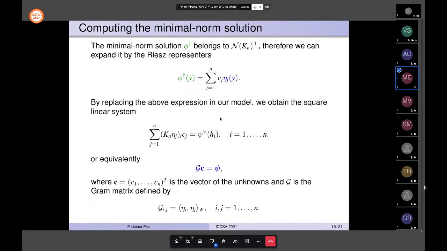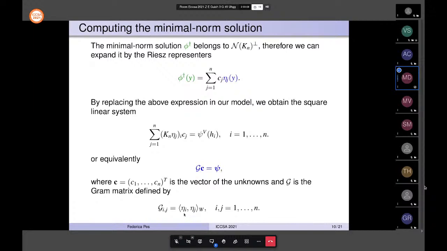After some computation, we get this linear system, Gc equal to phi, in which each component of the coefficient matrix G is defined by this inner product, the inner product between the Riesz representers.